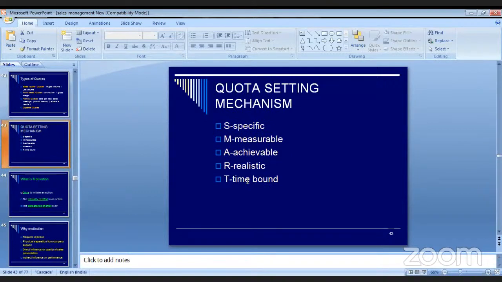This is not in the book, it is just taken in sales: specific, measurable, achievable, realistic, time oriented. You must be very smart, particularly in sales. Whatever you are doing must be within the time period.